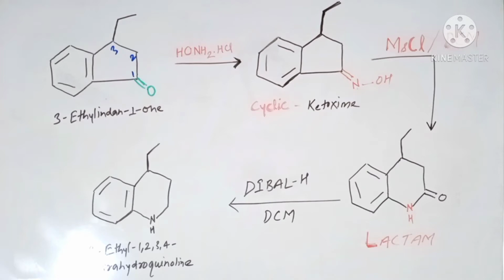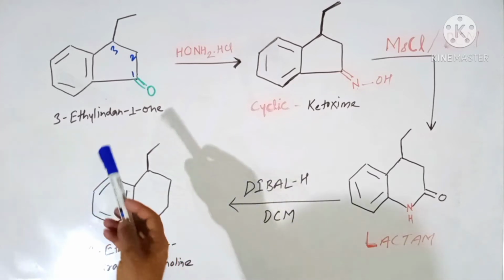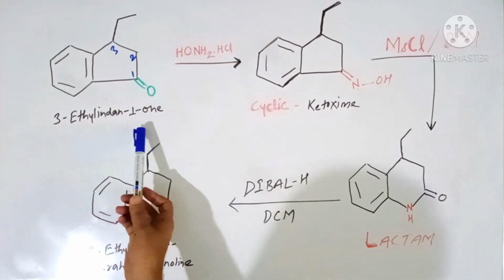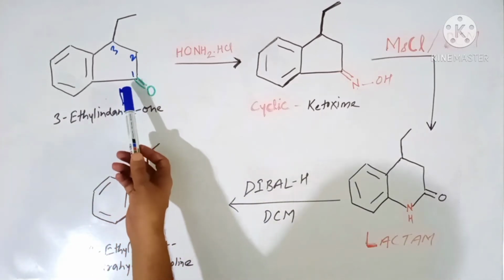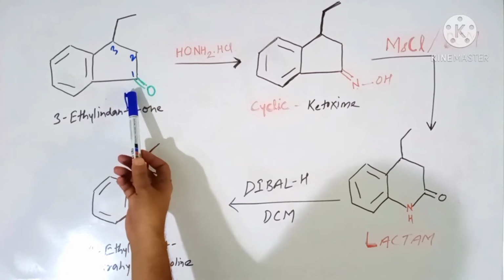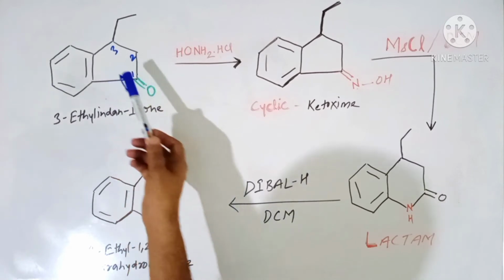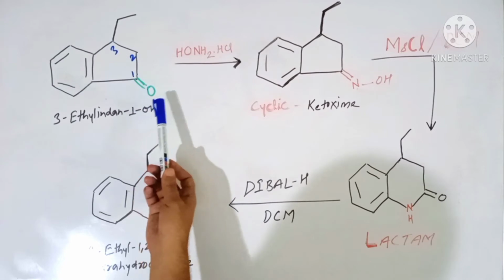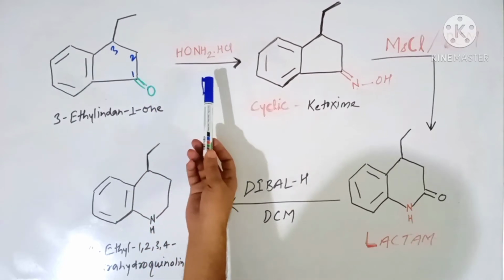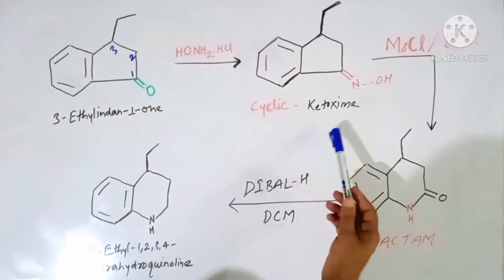So what they have done, let us discuss in detail. This 3-ethyl indene 1-one contains a ketone functionality at the first carbon. This ketone functionality is first reacted with hydroxylamine hydrochloride in order to produce this cyclic ketoxime.